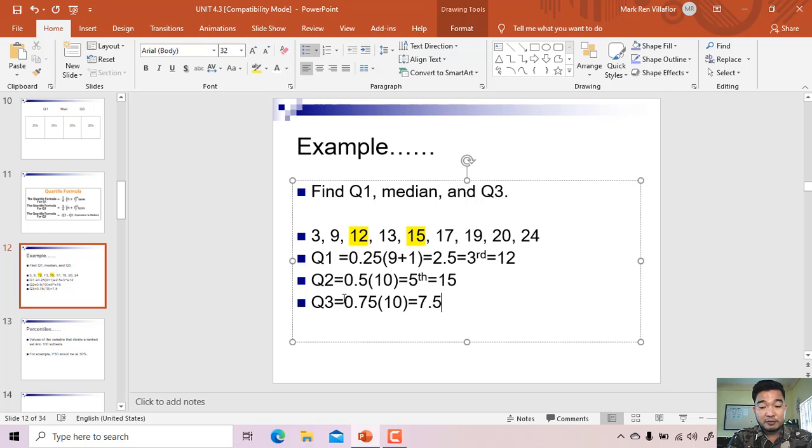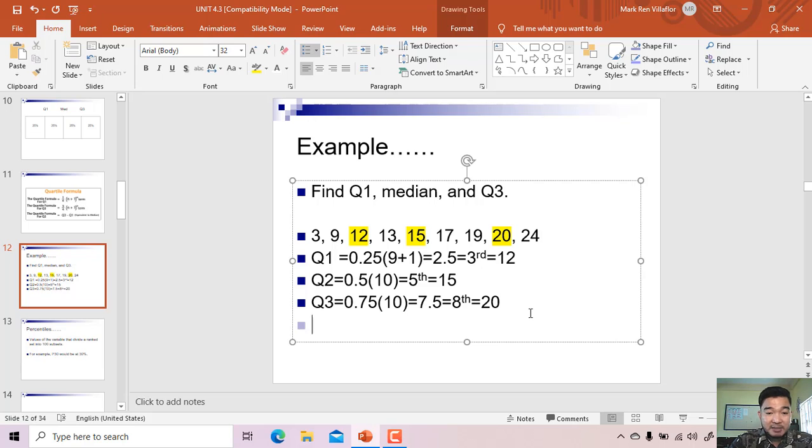Then you round it off. What is 7.5? That is 8. What is the 8th number in the set of scores? You have 1, 2, 3, 4, 5, 6, 7, 8. So the answer here is equal to 20. So you already have here the measurement of the first quartile, second quartile, and third quartile.